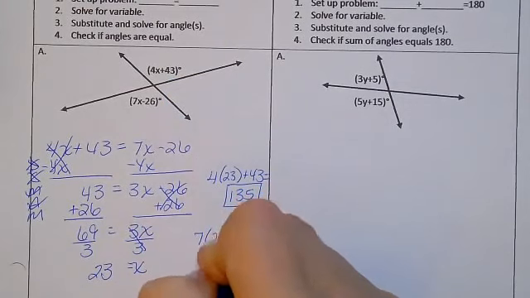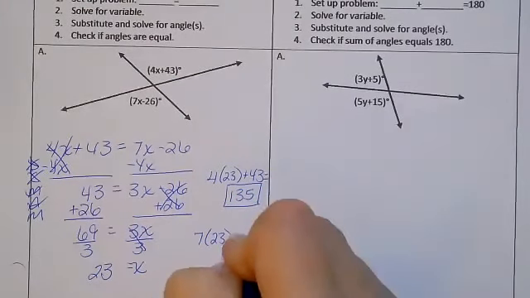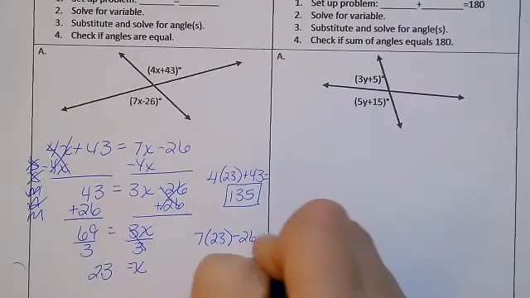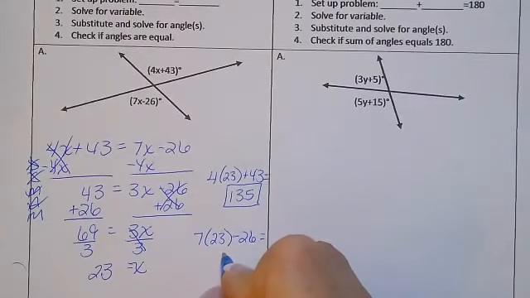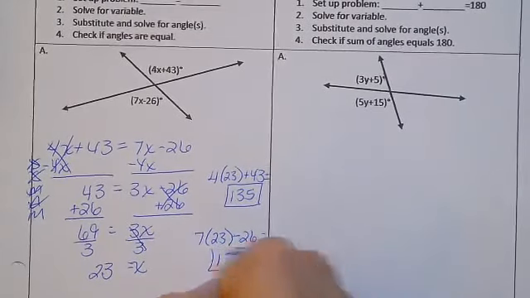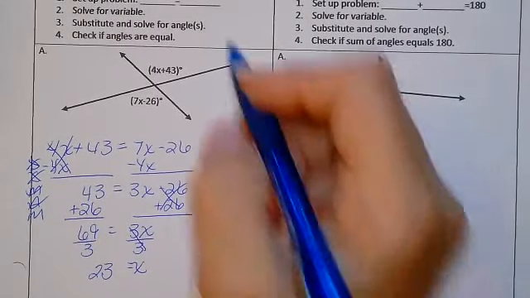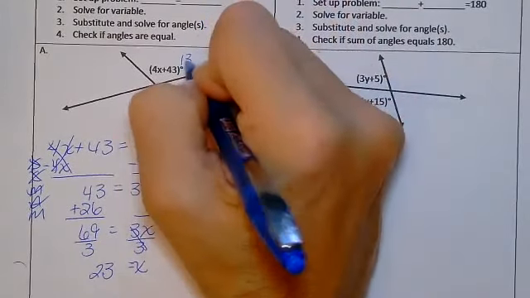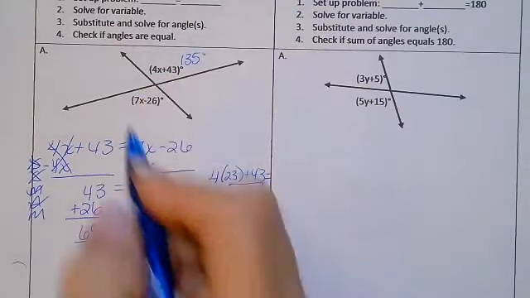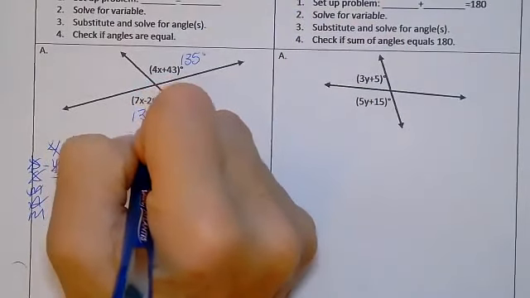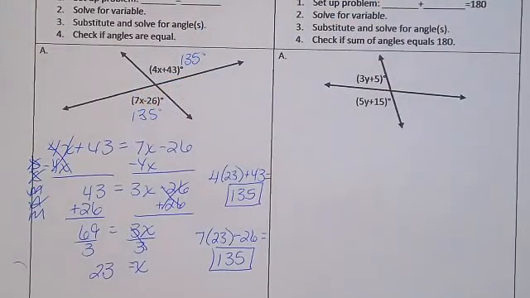Instead of x, I'm putting 23: 7 times 23 minus 26 is 135. Okay, these do equal each other. So this angle is 135 degrees, and this angle is 135 degrees.